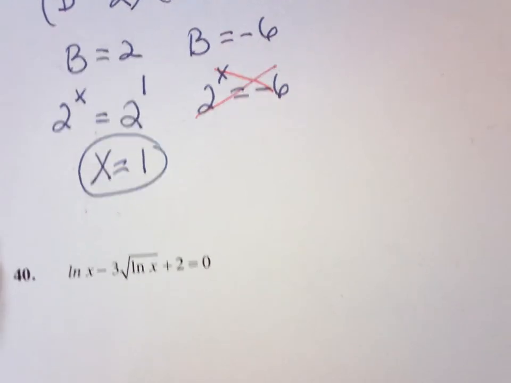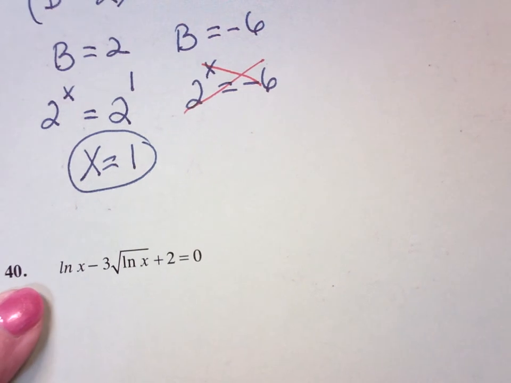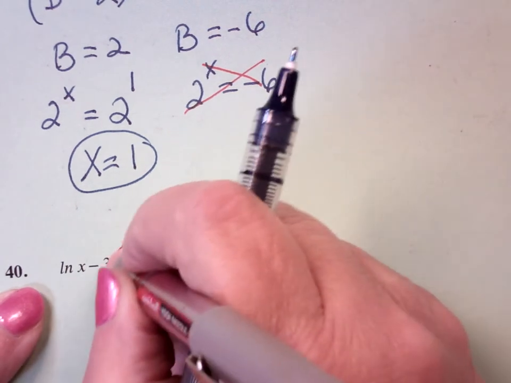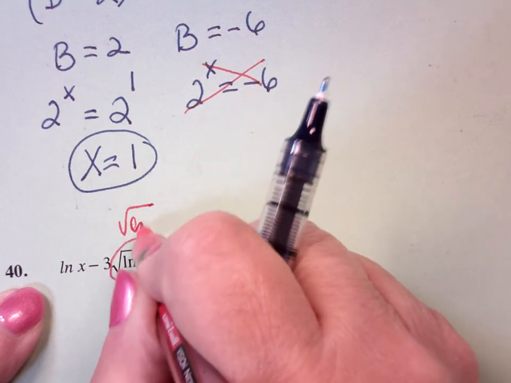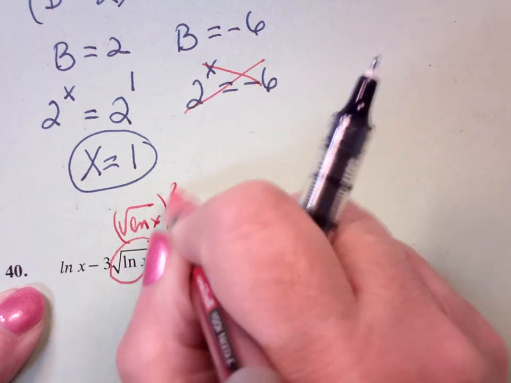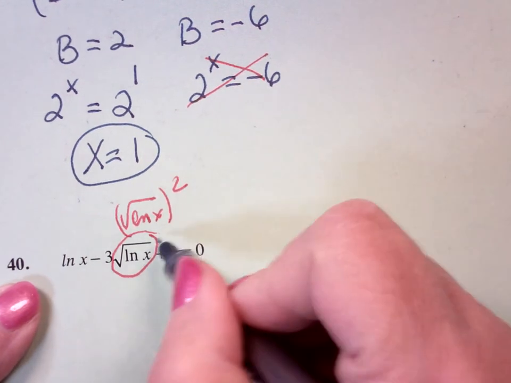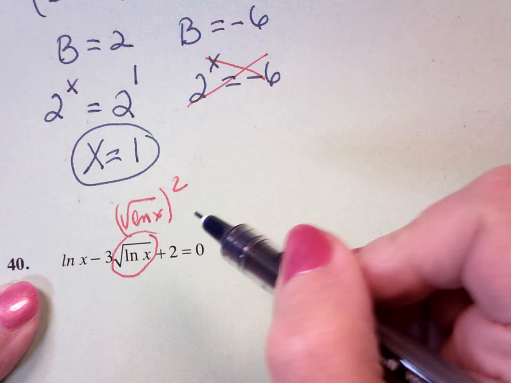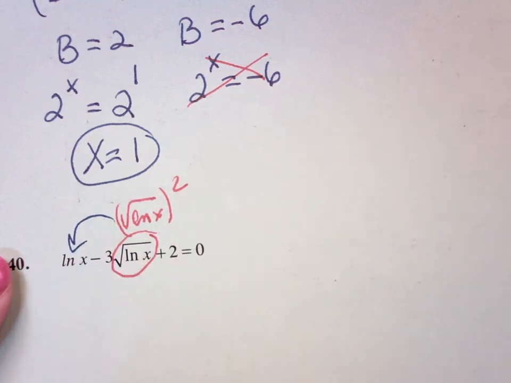Now this guy is particularly interesting. Why? Because if I square the square root of the natural log of x, squared is equal to what? Natural log of x, so it's equal to the guy in front.